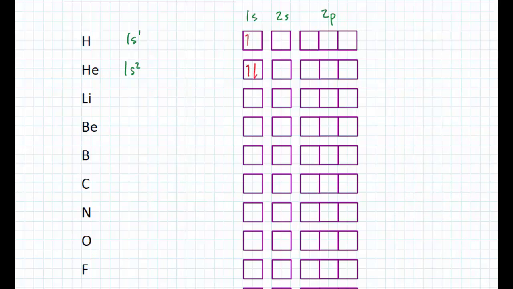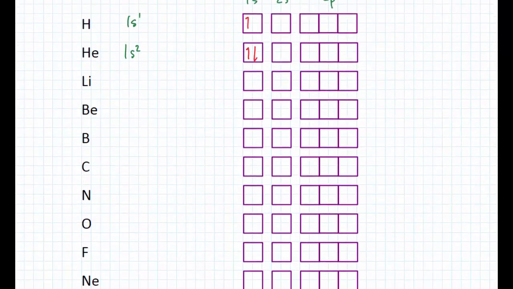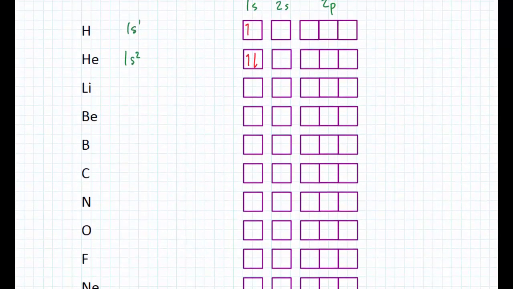Why don't you see if you can write and draw the electron configurations and orbital diagrams all the way through, and you don't even need a periodic table. We're just going straight in order here. Good practice.